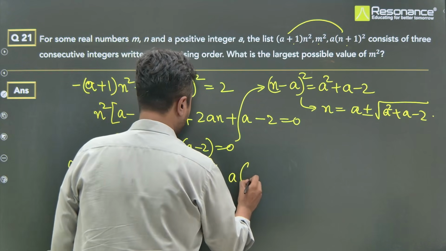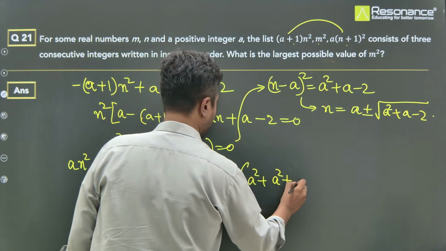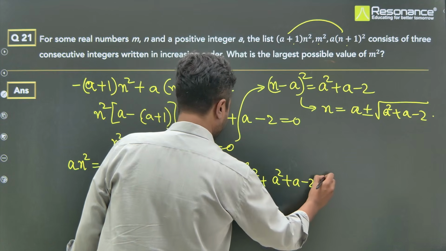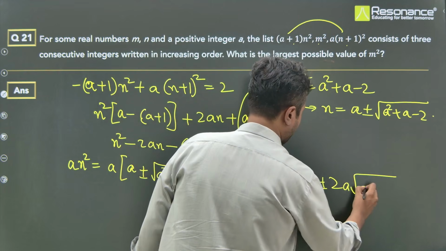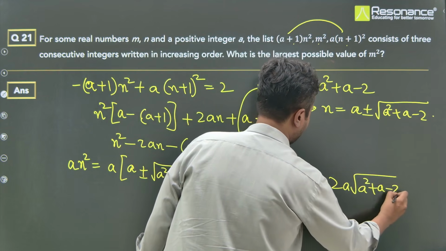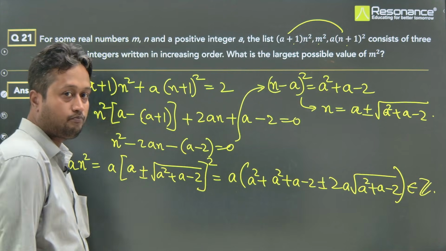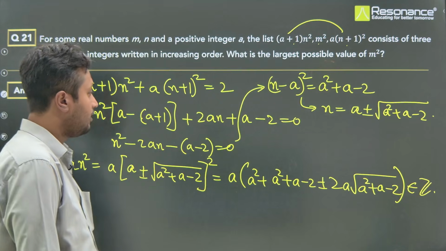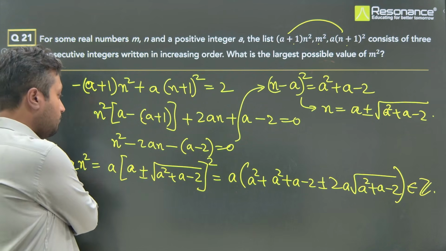That is a into a square plus a minus 2, plus or minus 2a square root, all of that must be an integer, right? In fact, it should be a natural number or a whole number, but that's good enough.